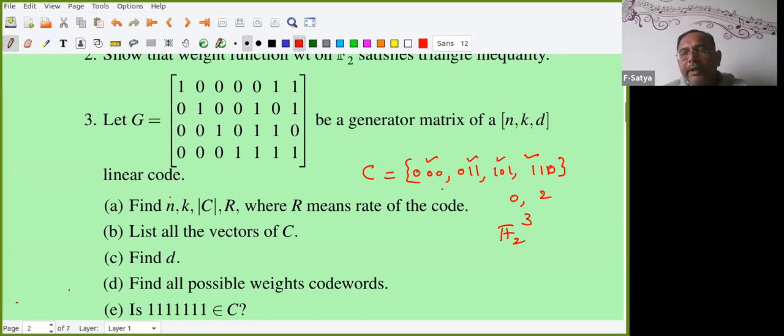So what is the maximum possible weight a vector can have in general? In F2 power 3, it is 3 only, if all of them are 1 1 1. But 1 1 1 need not be here. We need to figure out whether it is there or not.